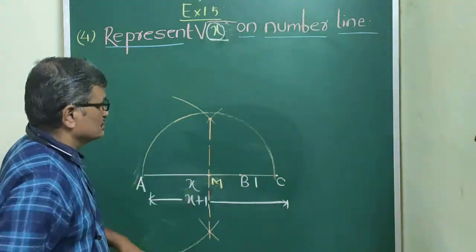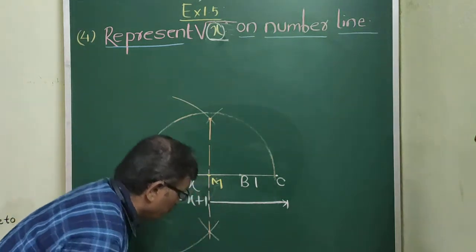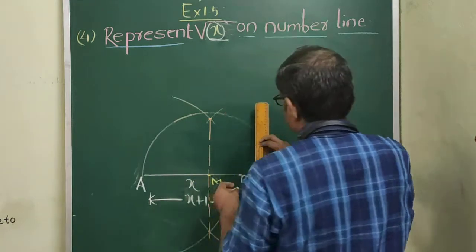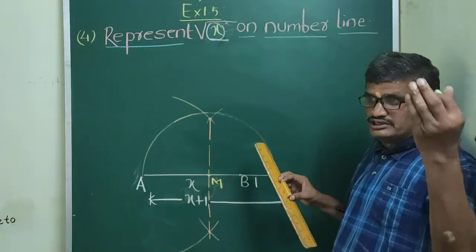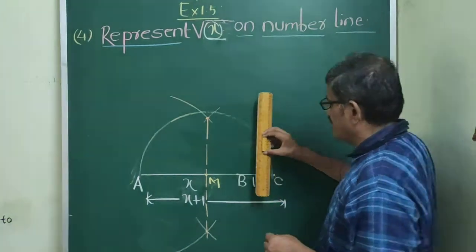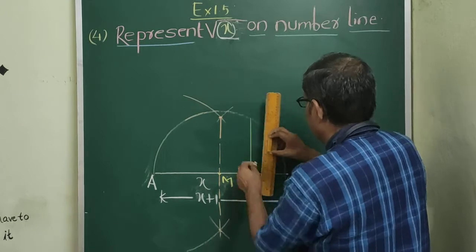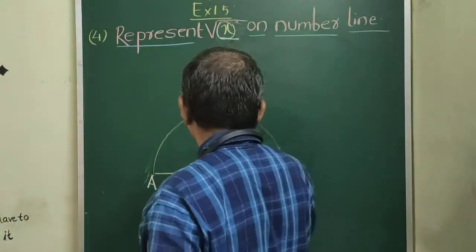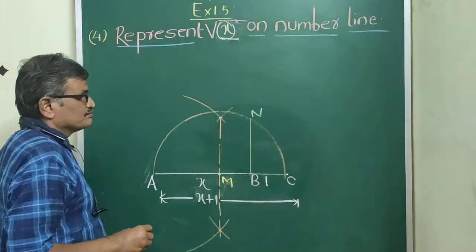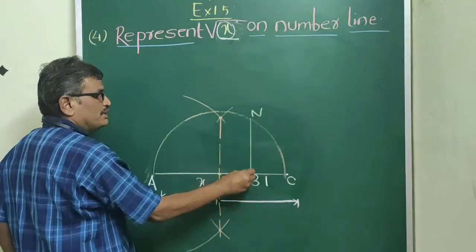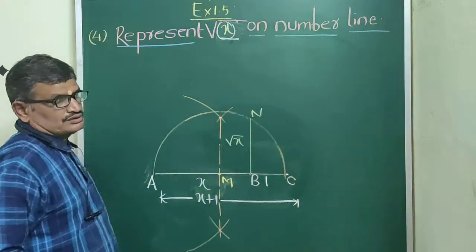After constructing the semicircle, you place a perpendicular at B. You can draw the perpendicular with the help of the scale, or you can even take a set square to draw the perpendicular. Now this length, since M is already used, I will call the point N, and this length BN will always be equal to root of x.